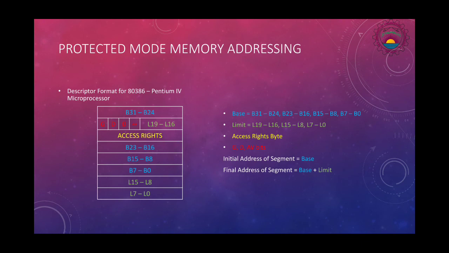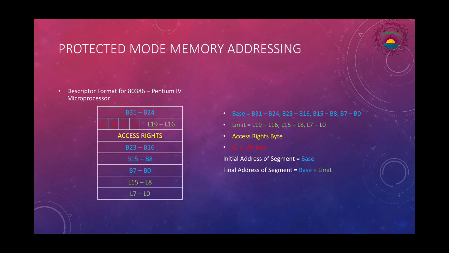We have discussed earlier the descriptor format for 80286 processor. In this slide, we are going to discuss descriptor format for 80386 to Pentium 4 processor. Here you may see that in the initial 2 bytes there is limit L0 to L7, then L8 to L15.